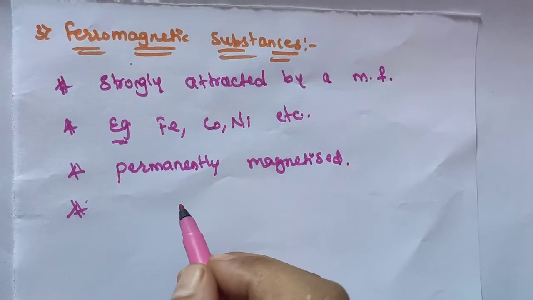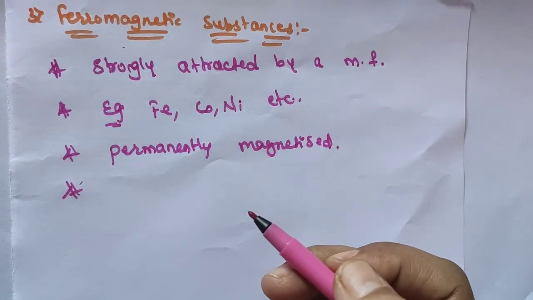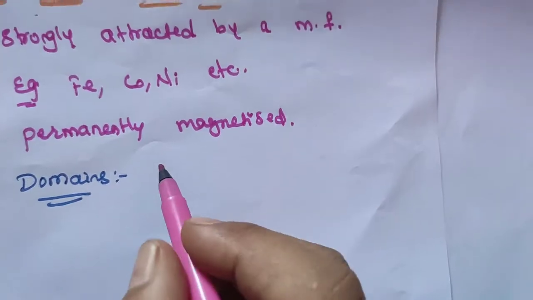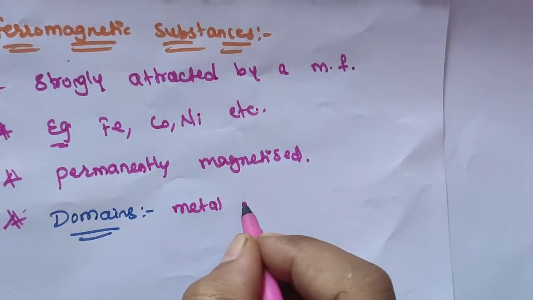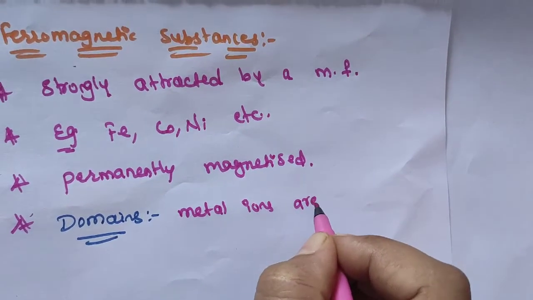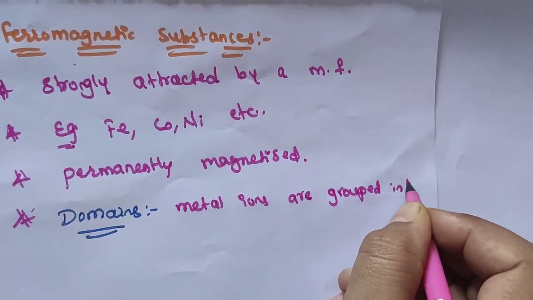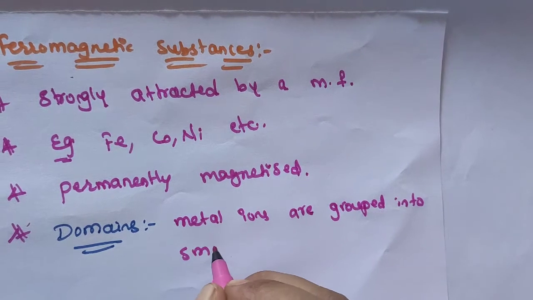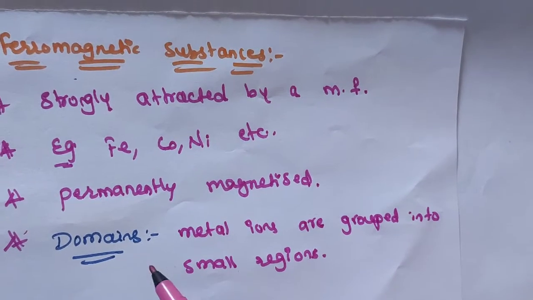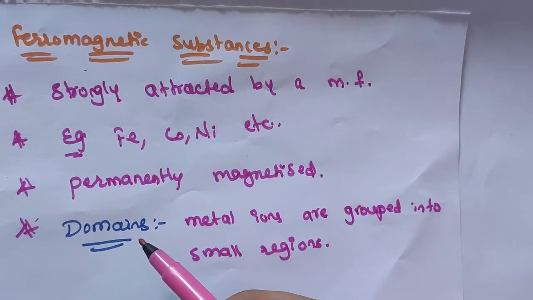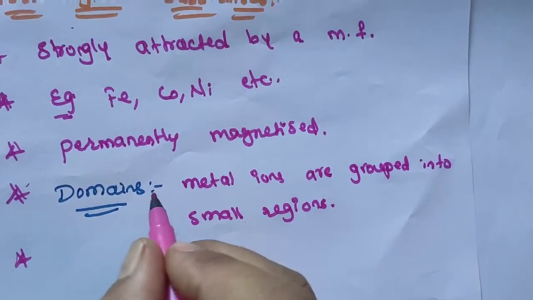Because in the solid state, metal ions are grouped into small regions, and these small regions are called domains. It is also very important for a short note question: define domains.